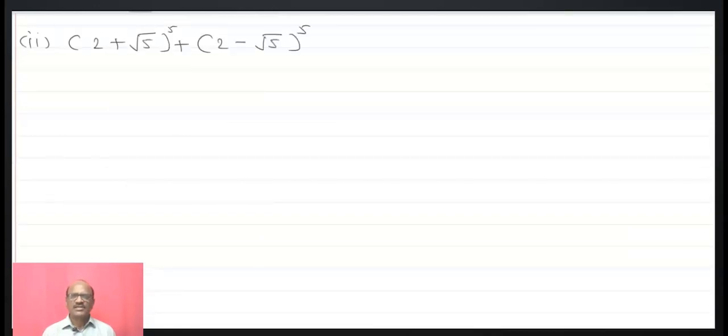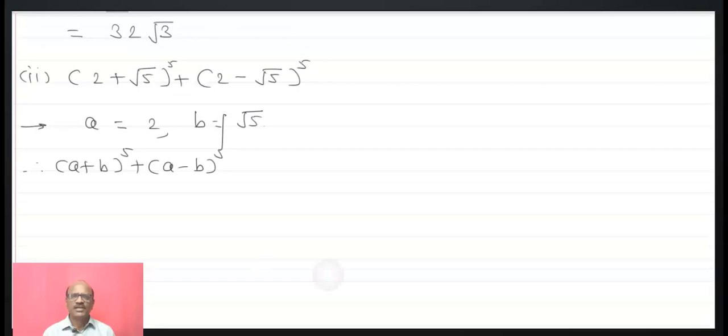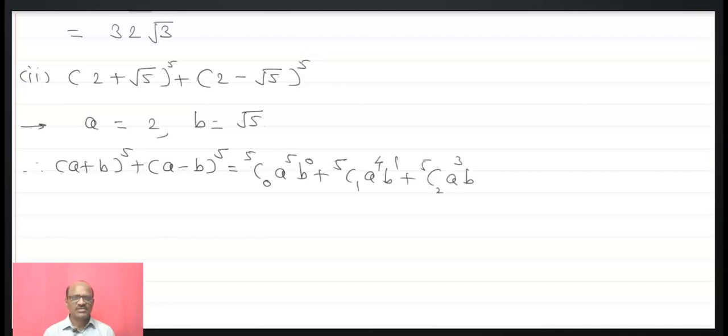Now next is (2 plus root 5) bracket raised to 5 plus (2 minus root 5) bracket raised to 5. Now here a is 2, b is root 5. Now expand this again by using the binomial expansion.